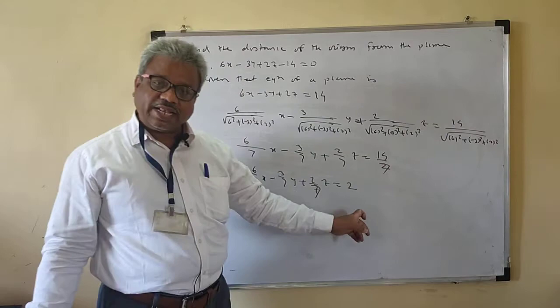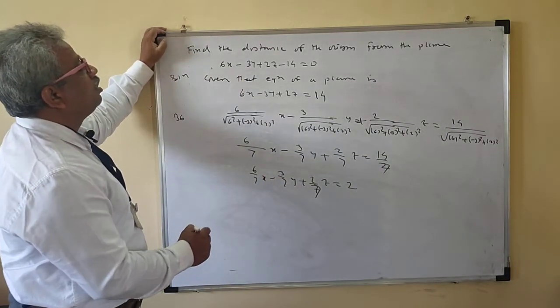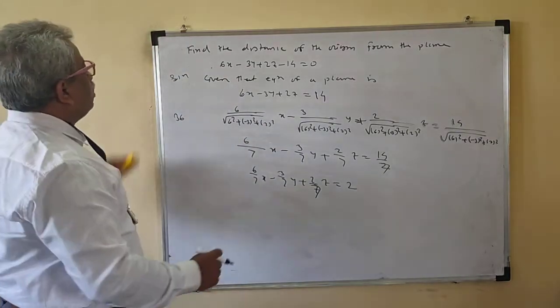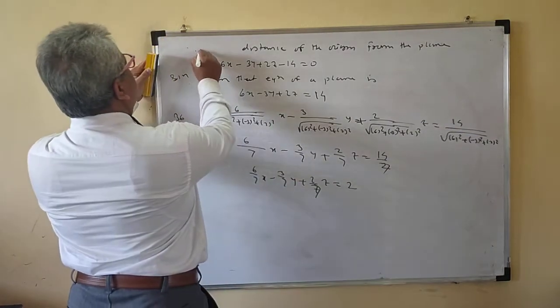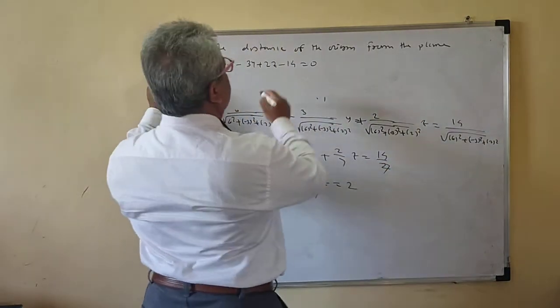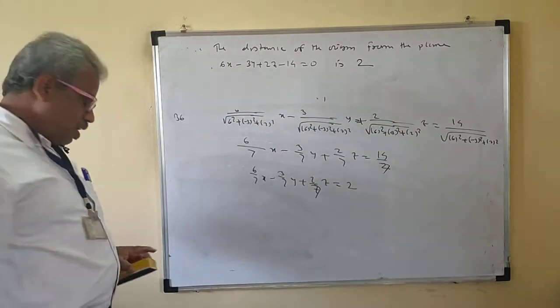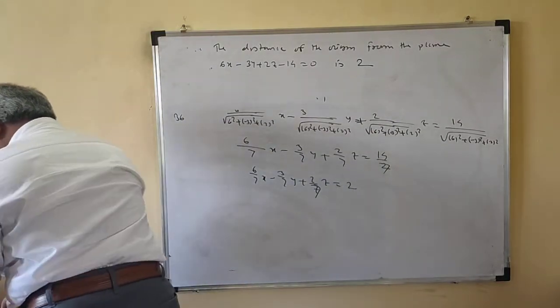If you get this negative, then change the sign here. So therefore, the distance of the origin from the plane is 2. Okay, so the problem is over here.